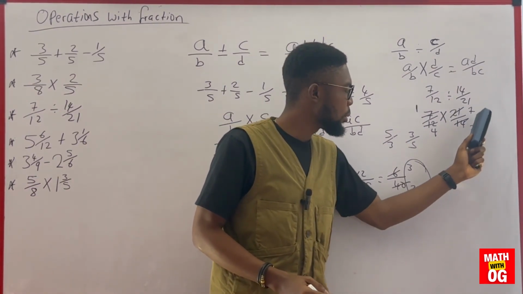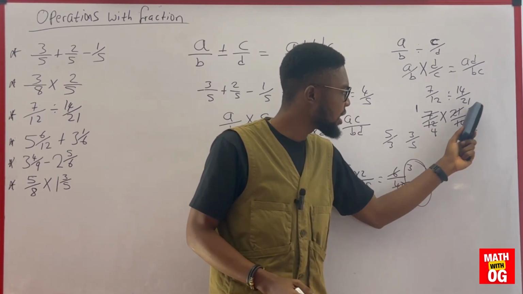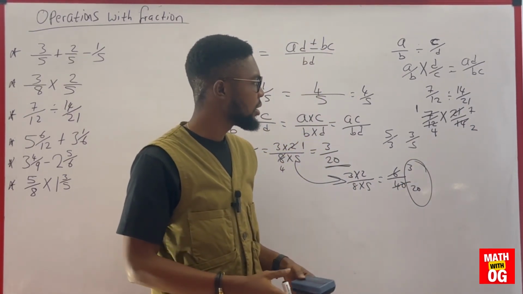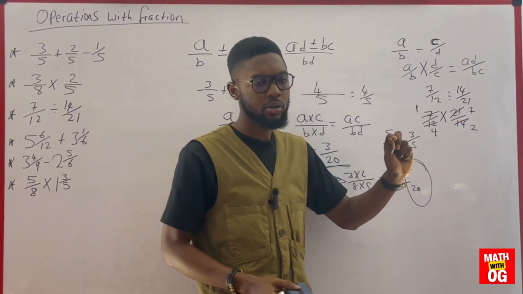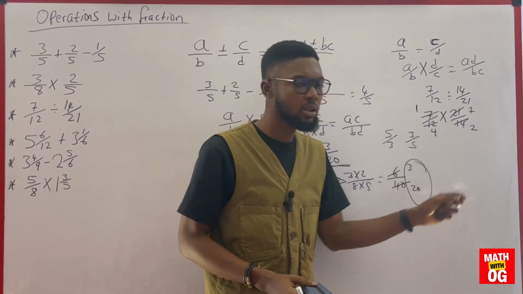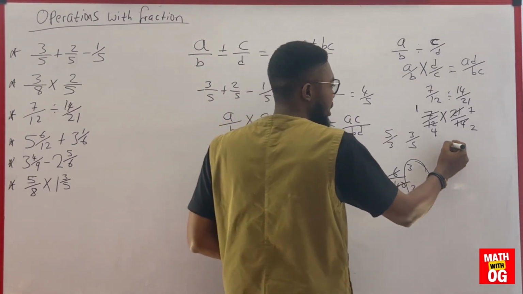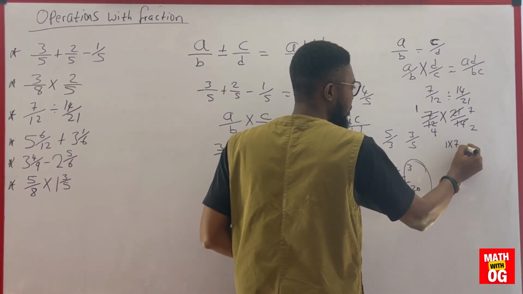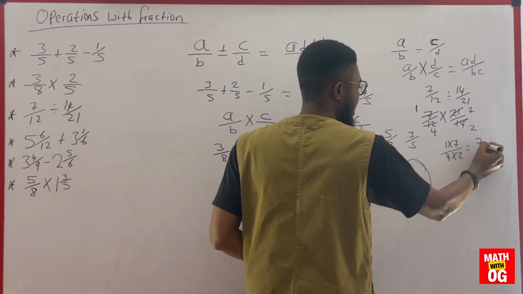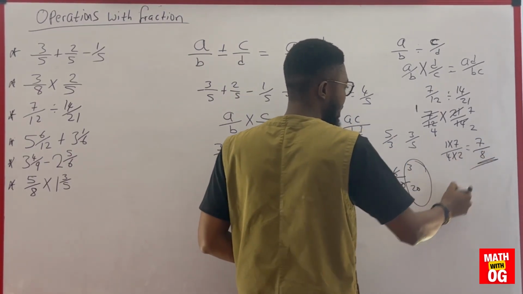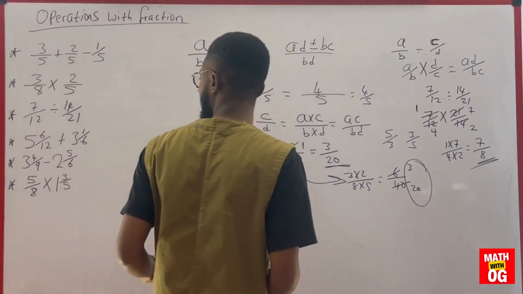But if there was something common between 7 and 2 or 7 and 4, you could still cancel out. So as you can see, nothing can cancel out. I'm left with 1 and 7 for the numerator, and I'm left with 4 and 2 for the denominator. So I'll write 1 multiply 7 all over 4 multiply 2. So this will give us 7 all over 8. So that's the answer to the question.